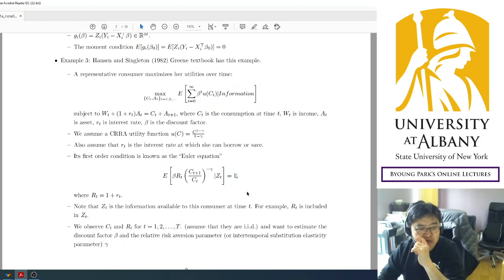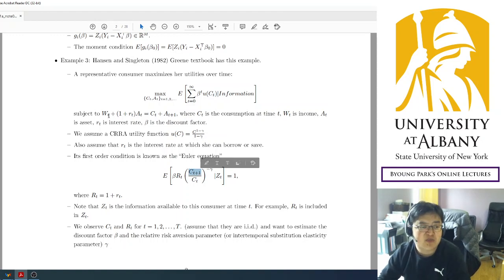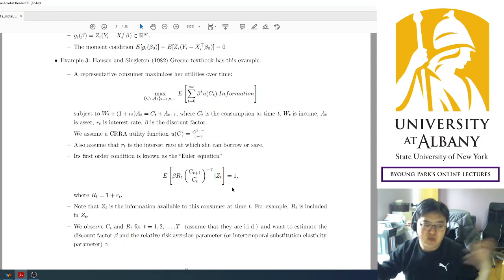And additionally, as I said, you need to have some information to form the expectation. So for example, you need to expect what would be the interest rate tomorrow, or what would be the available consumption, or what is the wage next year. All the possible information is included in a variable z.